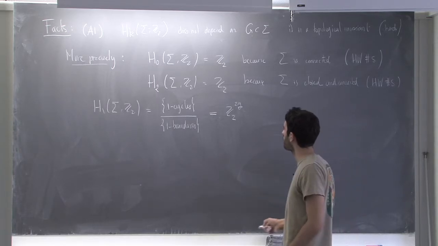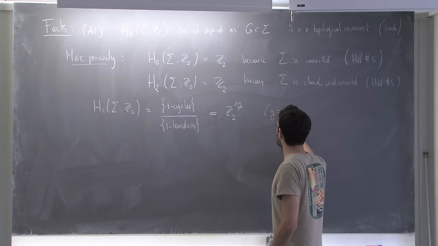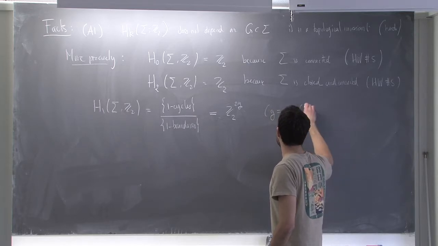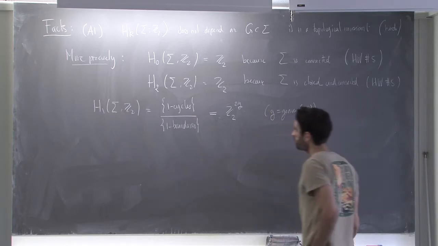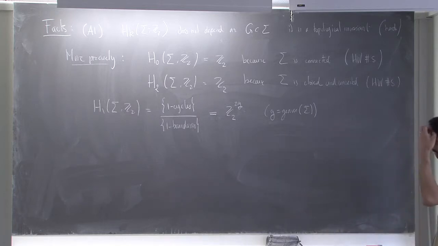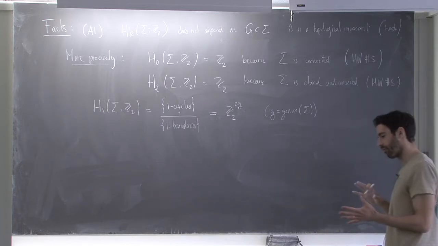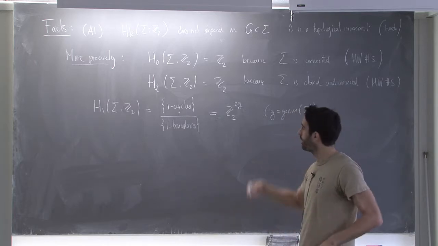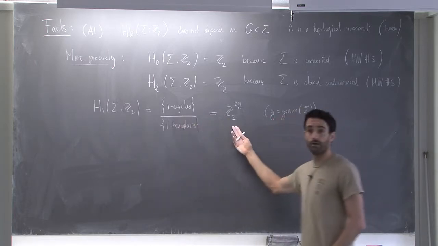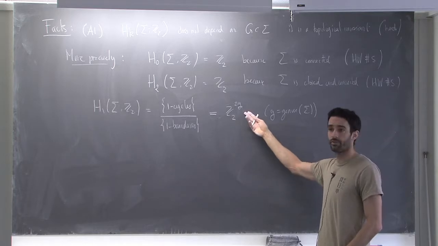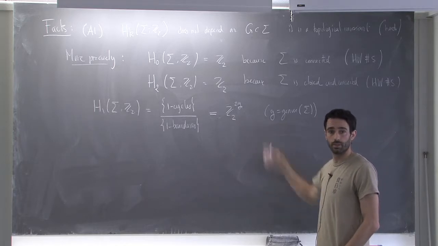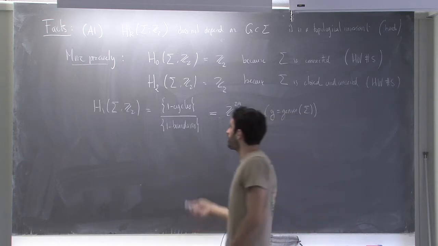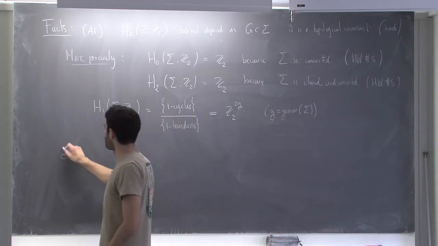So where G is the genus. Again, it means if you have a graph that approximates well enough your surface, then when you compute this, it will not depend on your graph. It just depends on the topology of the surface, that is on the genus. This is what you get. And maybe let's just make some examples.